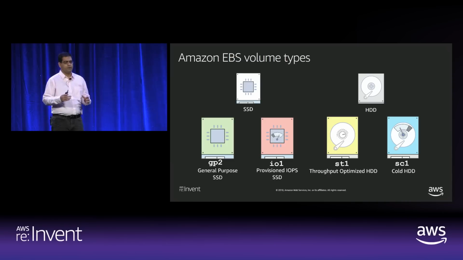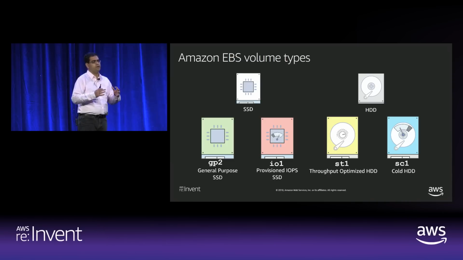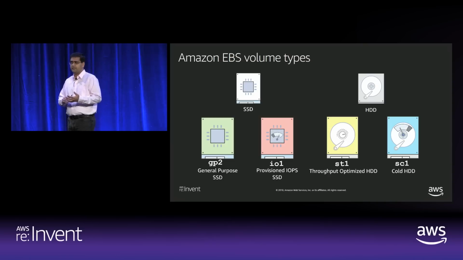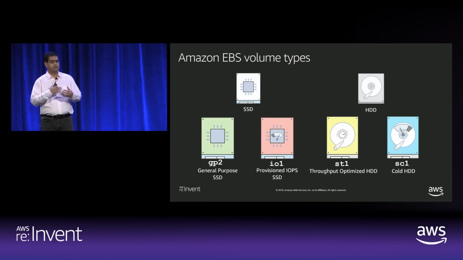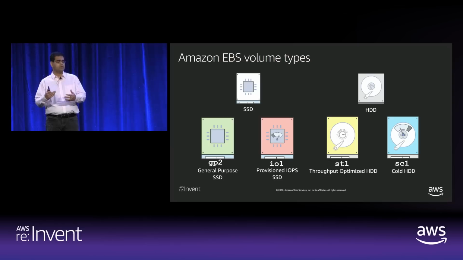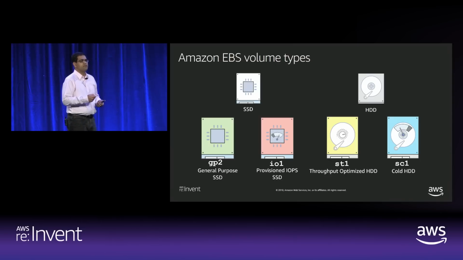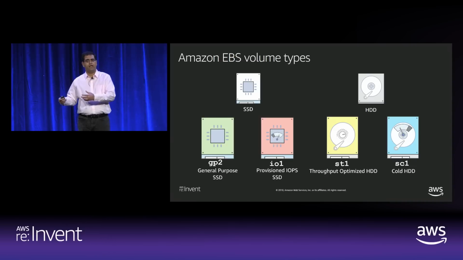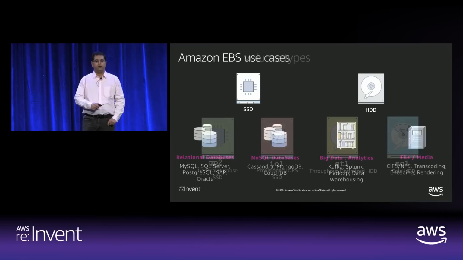The key thing to remember is the SSD volume types align with the properties of what solid-state devices provide you. So they can be random access devices, and so that lends itself to certain types of workloads. The HDD ones, on the other hand, tend to lend themselves to throughput-oriented workloads, and that is something that they are designed and work for.